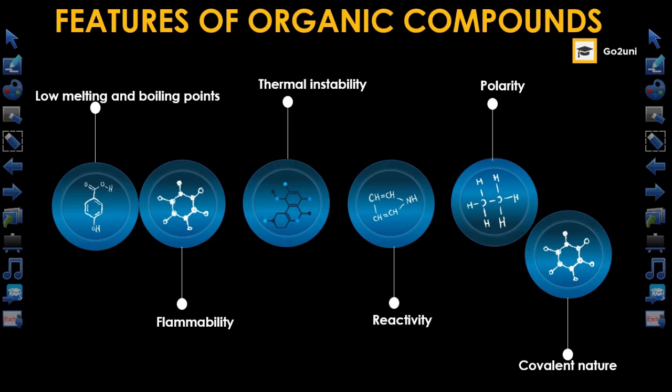And then when we talk about polarity, organic compounds are said to be non-polar. The question now is, what do we mean by polarity? Polarity is the ability of a compound or any given species to have partial positive and partial negative charge.